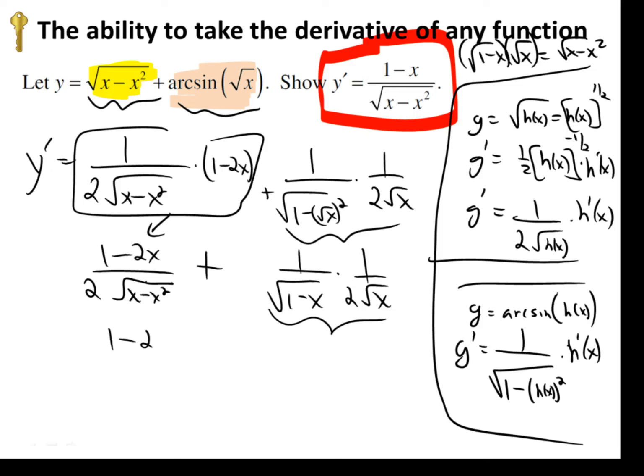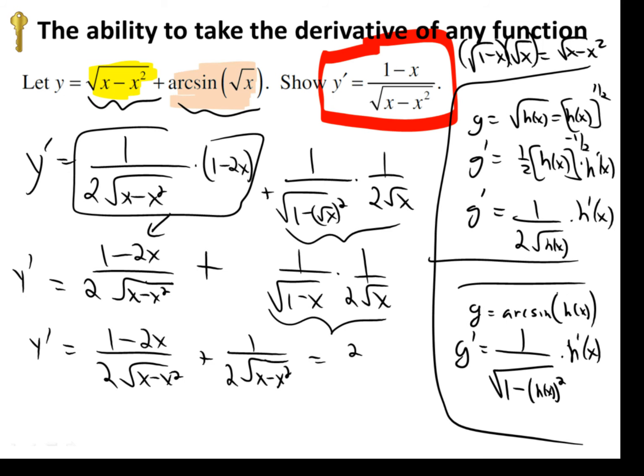So we have 1 minus 2x over 2 roots of x minus x squared, and then we have 1 over 2 roots of x minus x squared. Put them together in one fraction. It is 2 minus 2x all over 2 root of x minus x squared.